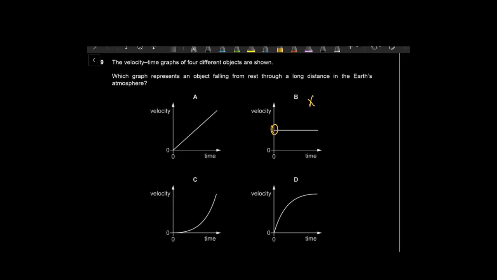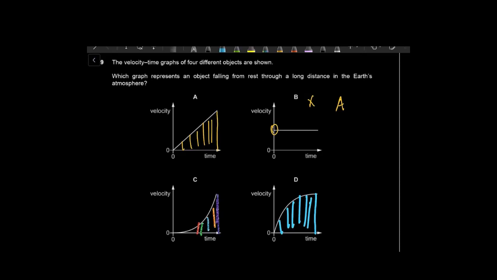We know that the area of a velocity versus time graph is displacement. So the area of A is this much, the area of C is this much, and the area of D is this much.